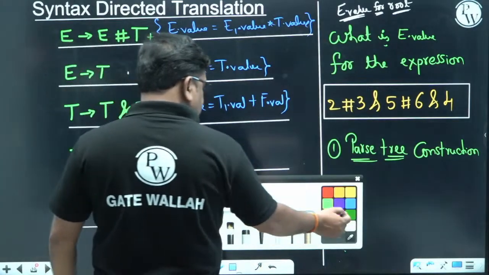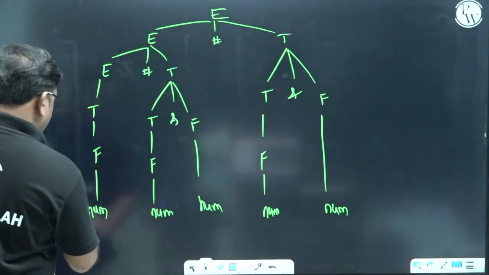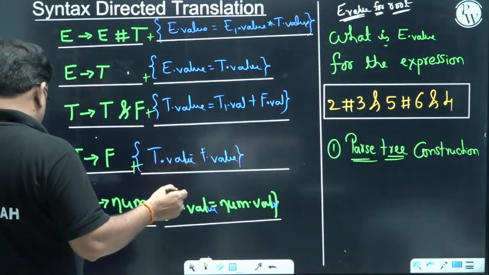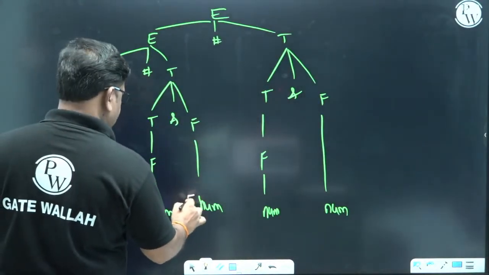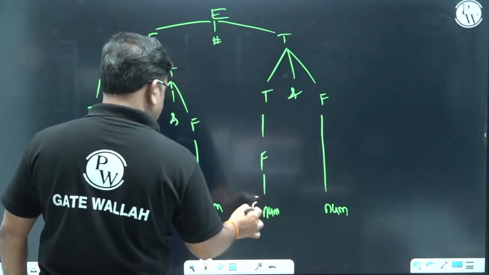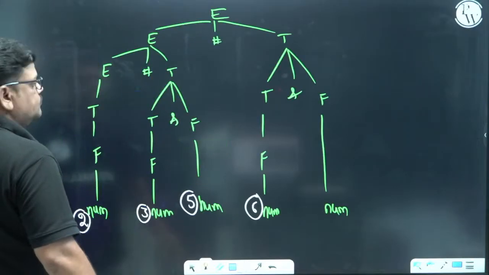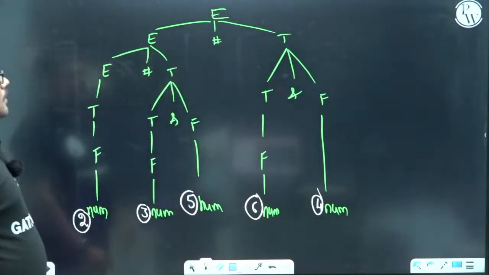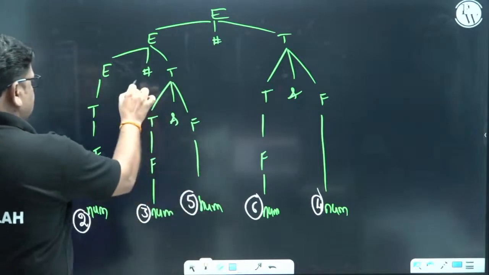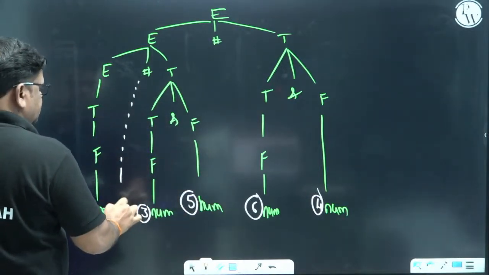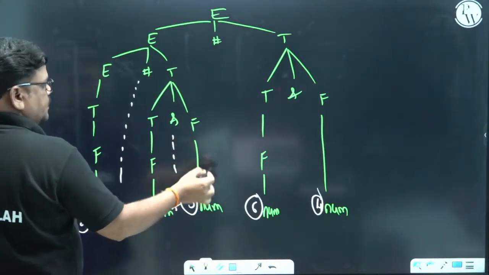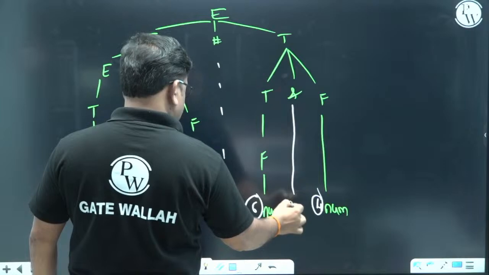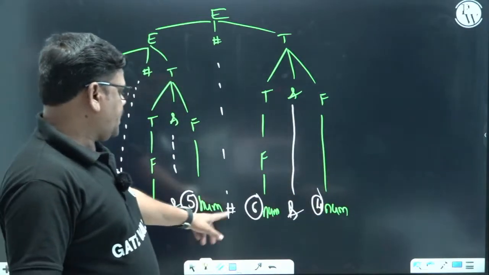Reading all the leaf nodes, this is hash and this is ampersand. So 2 hash 3 ampersand 5 hash 6 ampersand 4.